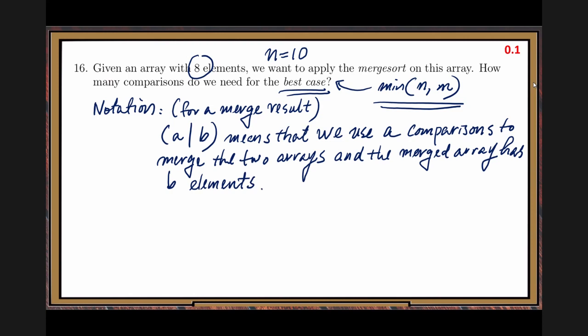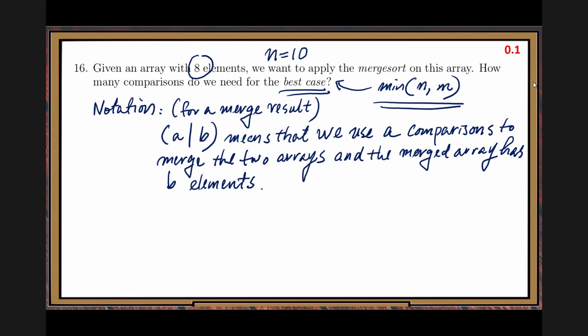Because after the merge, the number of elements after the merge, we need to use that number. So that's why in this notation we need these two numbers. First, the comparison number, but that's not enough. We need a second number, the array size.